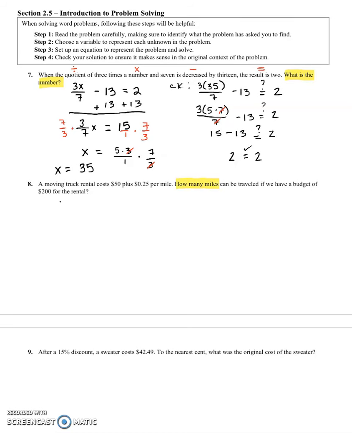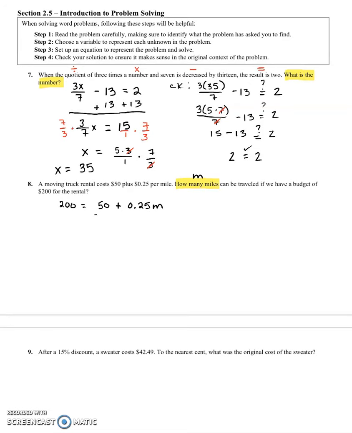So the total cost, which is $200, has to equal the $50 before we drive it off the lot, plus, if it costs us 25 cents per mile, that means it's 0.25 times the number of miles we drive. Let's call the number of miles we drive M. So 200 equals 50 plus 0.25 M.